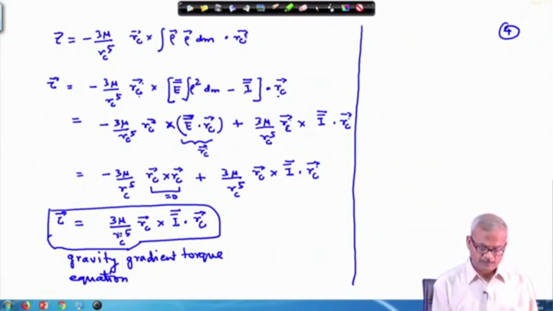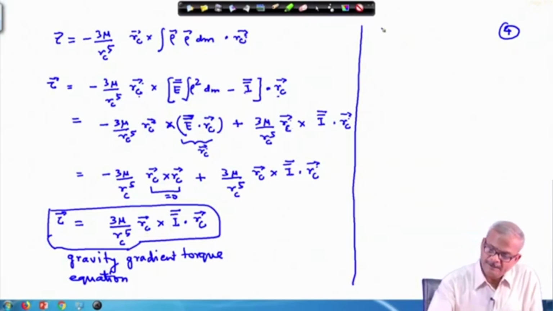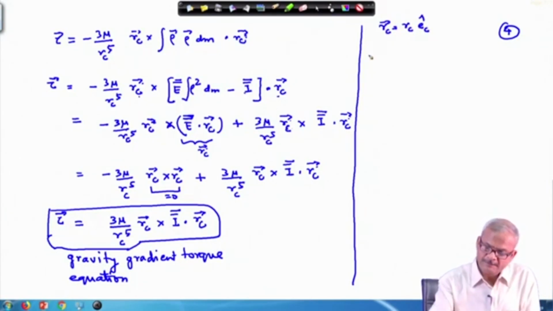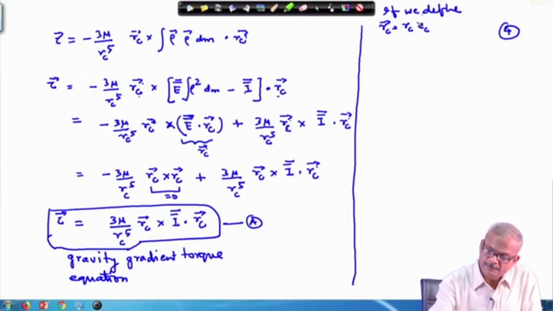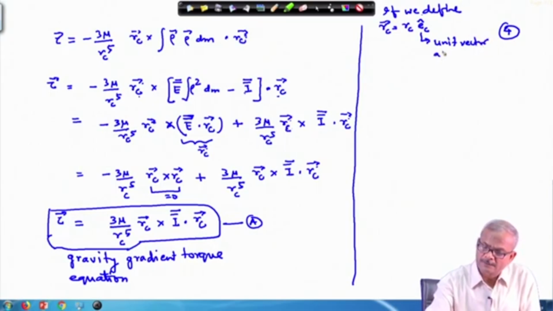Okay. Now, look into this quantity. If we define R c equal to R c times E c cap, where E c cap is the unit vector along R c.